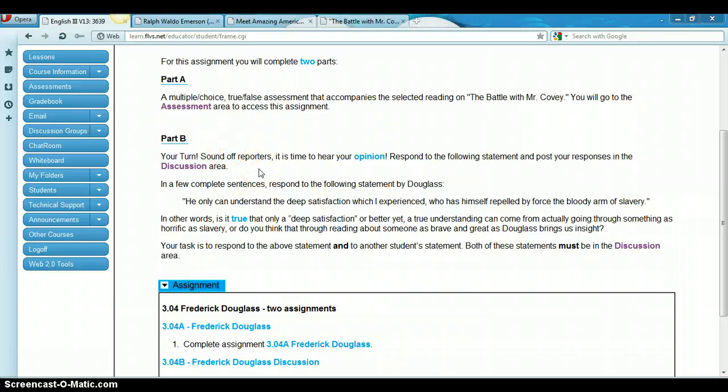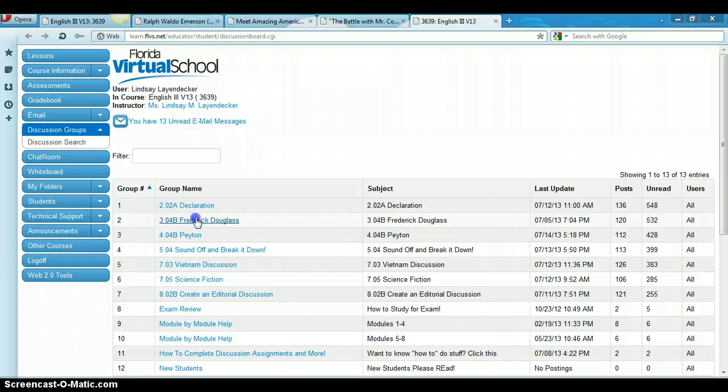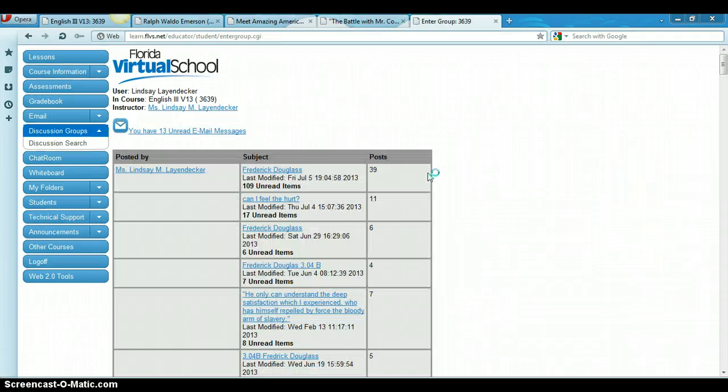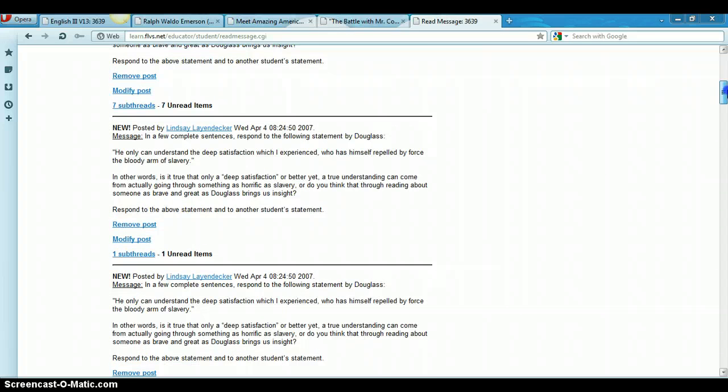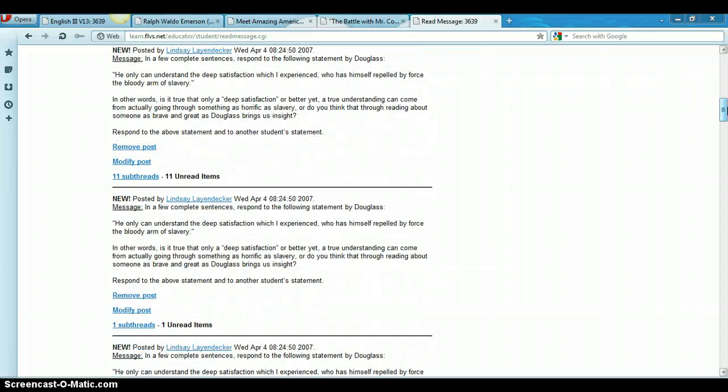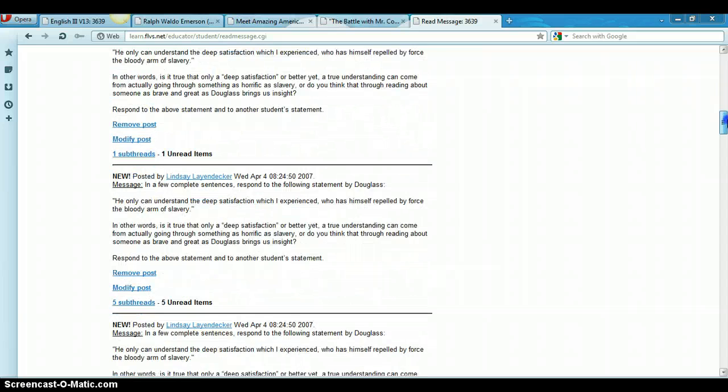Part B is a discussion groups response. So what you're going to do is go to discussion groups. Remember, we did this for 202A. You're going to open up 304B. You are going to read the question that your teacher presented, and you are going to find what another student said and give a response.